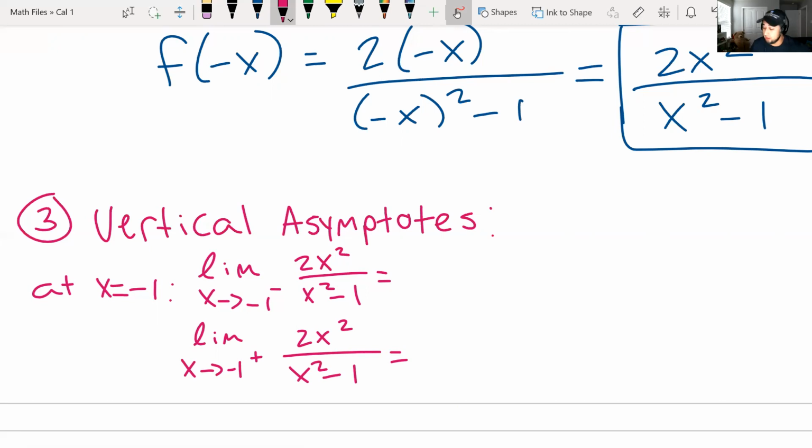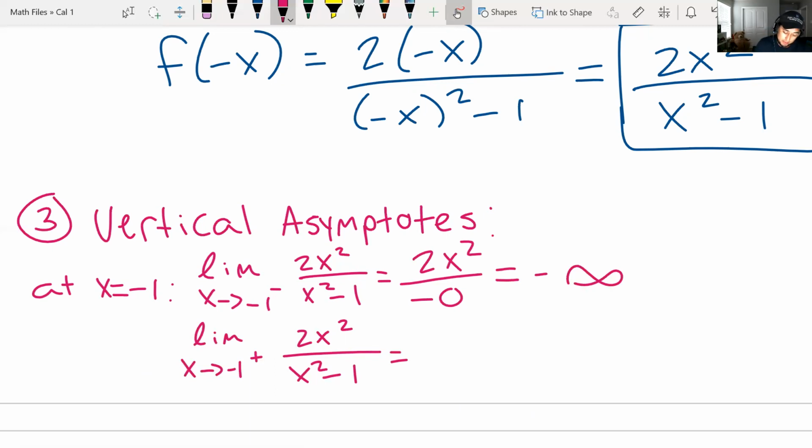Okay, now here is where I would use the table feature in the calculator, or I would use my denominator trick where I plug in something close to -1 and I would get something like 2x squared over -0, which would take me to -infinity.